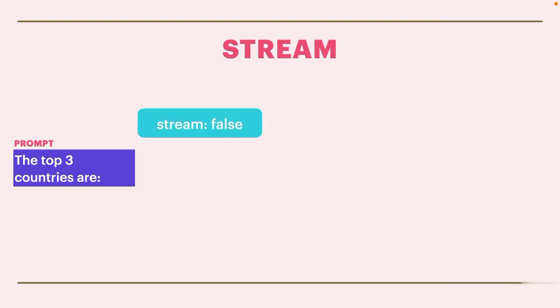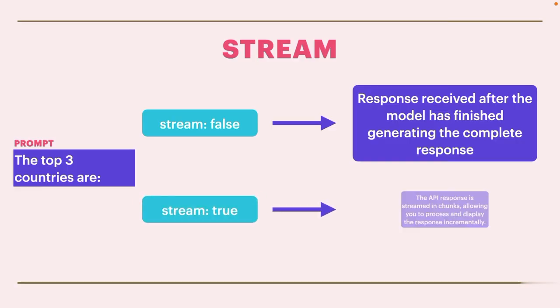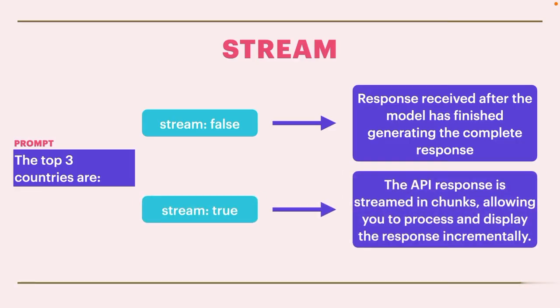When stream is set to false, the API is going to return a response after the model has finished generating the complete response. Now, what happens when the stream parameter is set to true? Well, in that scenario, the API response is going to be streamed in chunks, allowing you to process and display the response incrementally.